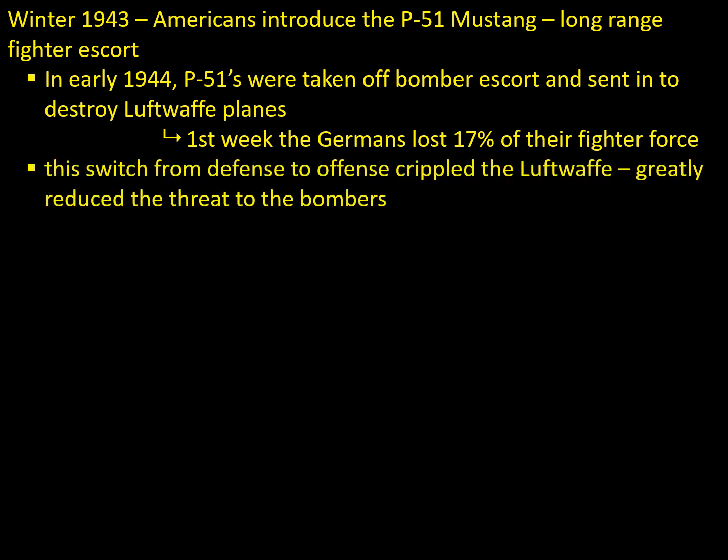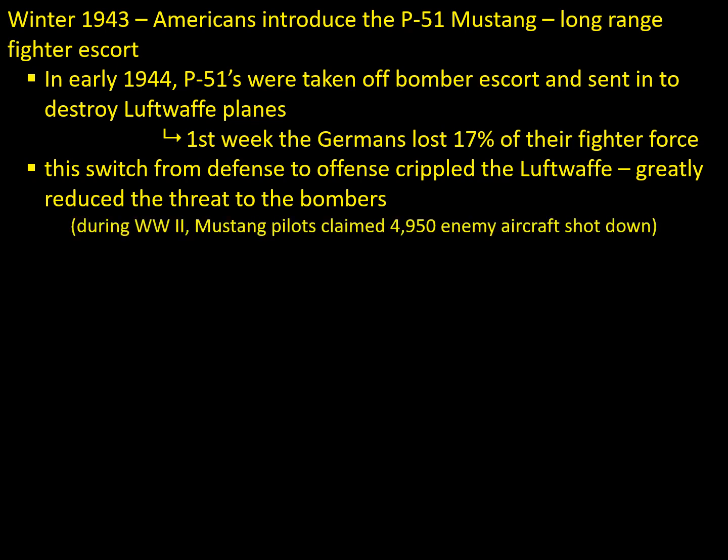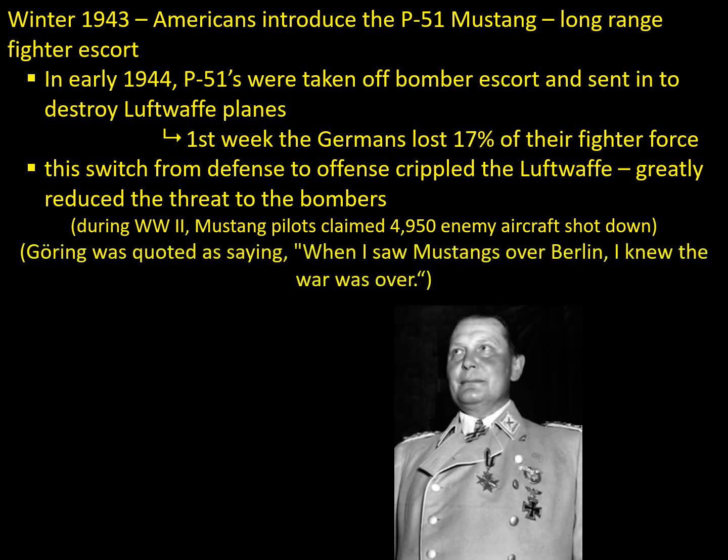This switch from defense to offense crippled the Luftwaffe, and it greatly reduced the threat to the bombers. During World War II, Mustang pilots claimed 4,950 enemy aircraft shot down. Goering was quoted as saying, "When I saw Mustangs over Berlin, I knew the war was over."